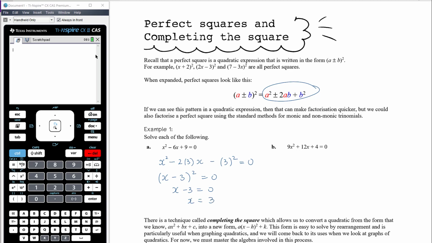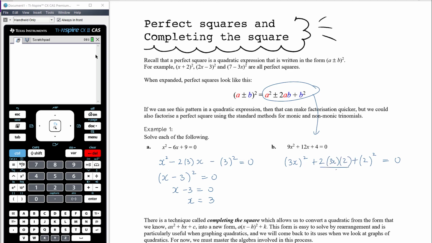In the one on the right, it's a non-monic or harder quadratic, so if we wanted to factorise it, it would be a lengthy process involving 9 times 4, factors of 36 that add up to 12, etc. However, if we can recognise the perfect square pattern, and what I'm looking at here to trigger it is that the first term is something all squared and the last term is something all squared, and so then I'm trying to check, does the middle term follow that? So I'm seeing here that the first term is 3x all squared and the last term is 2 all squared, and so therefore this would be a perfect square if the middle term is 2 times 3x times 2.